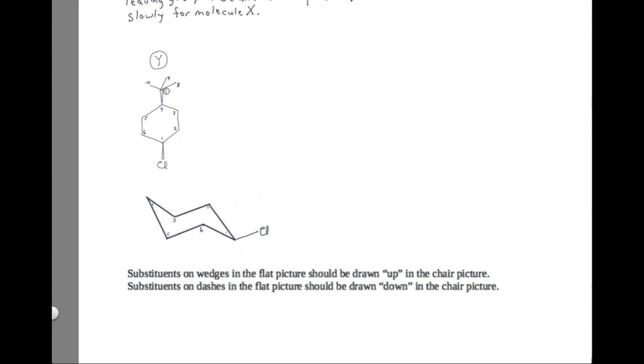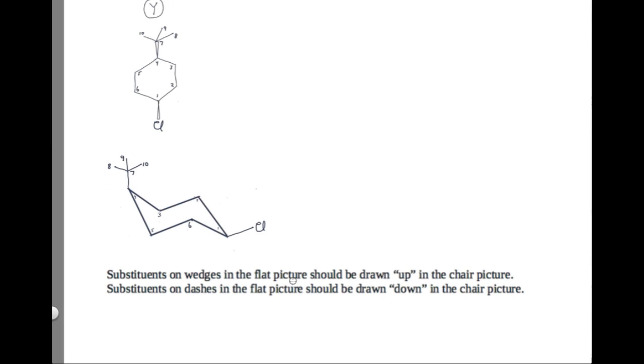Carbon 7 is on a wedge in this picture, so carbon 7 should be pointing up in this picture. We used this rule to go from the flat picture to the chair picture. Since these substituents were both on wedges in this picture, they both ended up pointing up in the chair picture. Of course, this chlorine isn't pointing straight up, but it's pointing partially up, which counts as an up position.